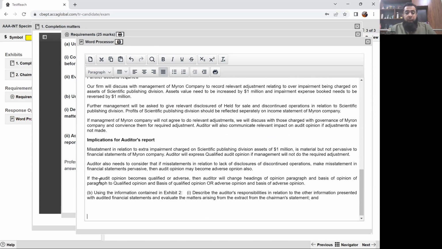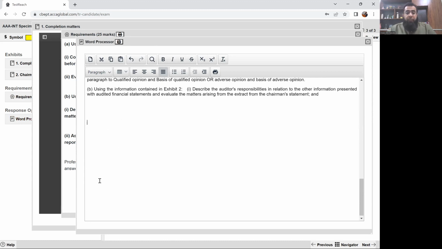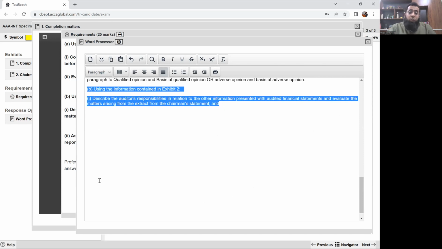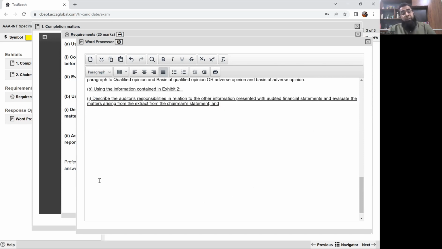I hope that you all remember that for other information, the auditor does not express any opinion. He just makes sure that the information is consistent with the financial statements. So first, we have to comment on the auditor's responsibility in relation to other information.